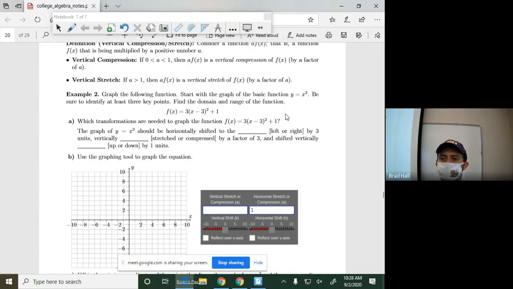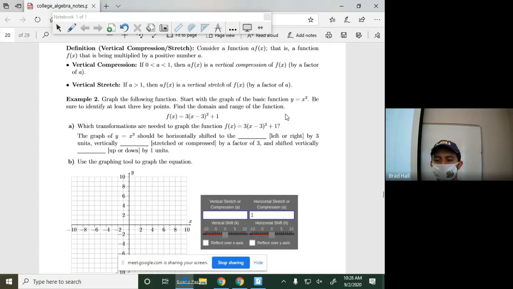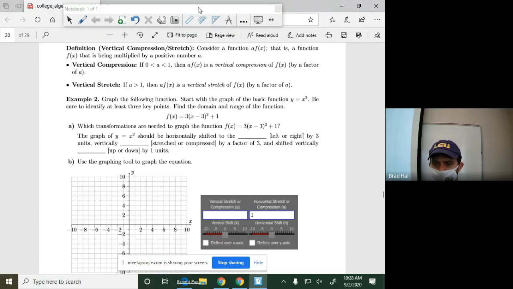So let's go ahead and look at example 2 here, where we're going to graph this function and determine a bunch of stuff about it. So they give us this function, as you all hopefully can see.